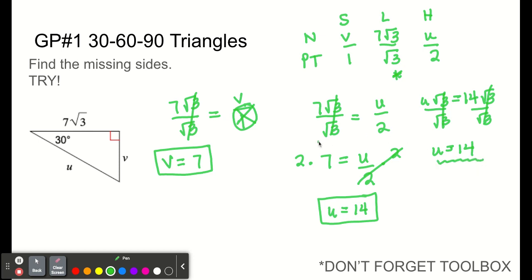So make yourself a note that if you see that those ratios can be simplified, by all means, you can simplify that ratio. And that is the second and last of our special right triangles, 30, 60, 90. Remember, short leg is 1, hypotenuse is 2, and the long leg is radical 3. Be sure to answer your essential question.